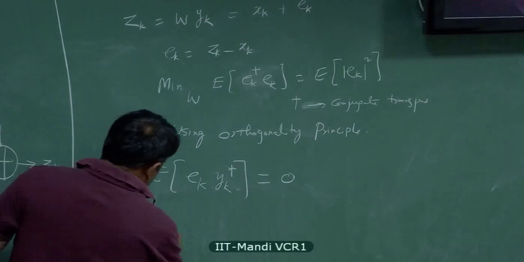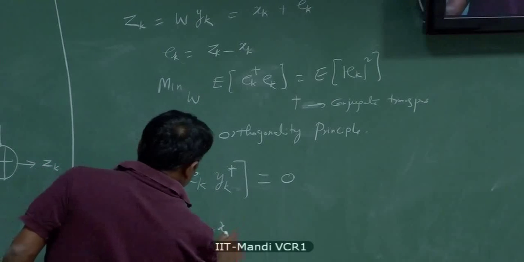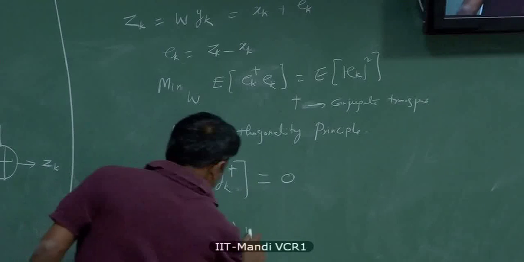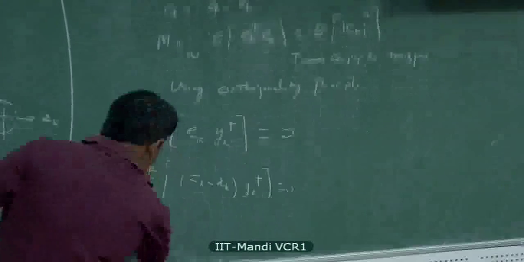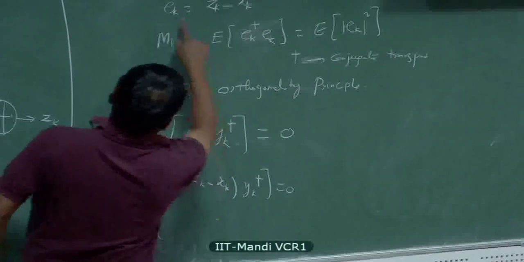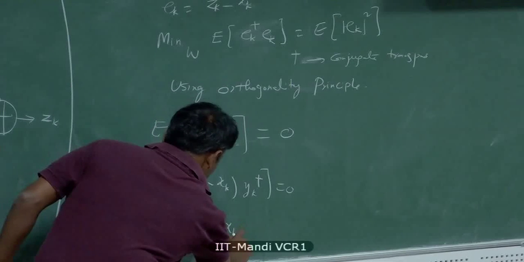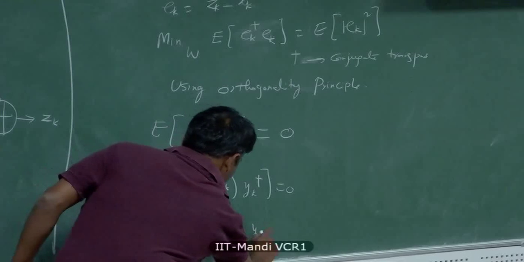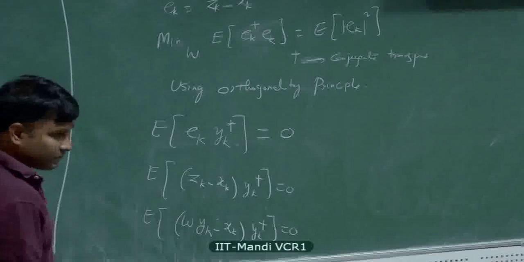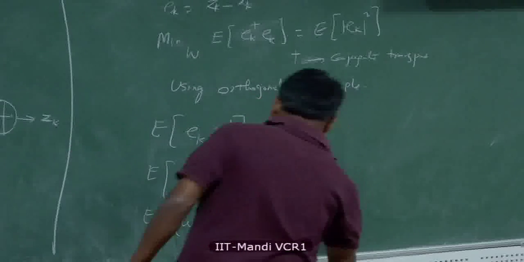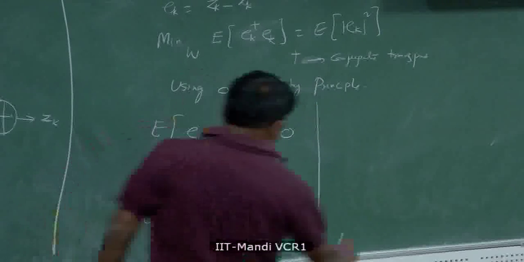So now substitute for Ek, and substitute for Zk, which is... okay, I'll proceed here. Move this expectation inside.